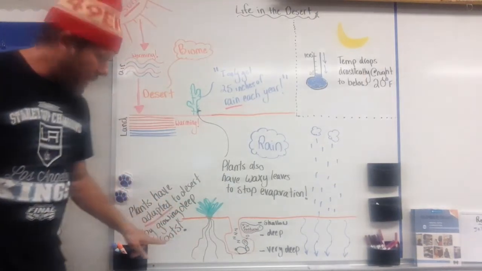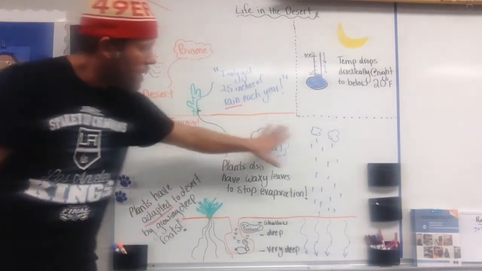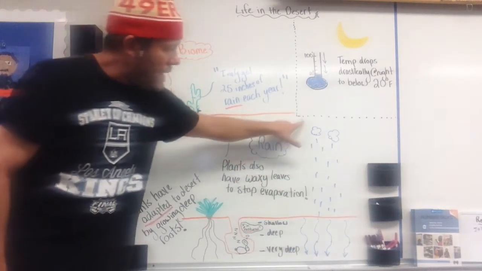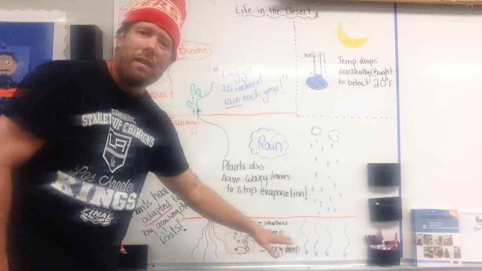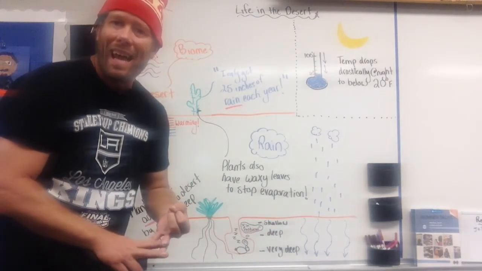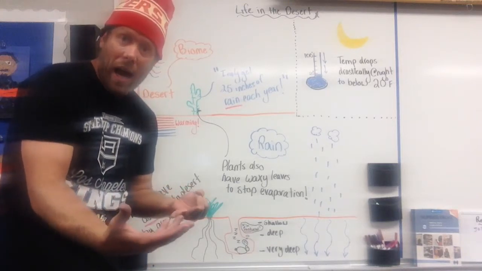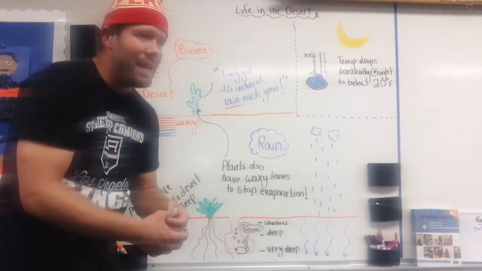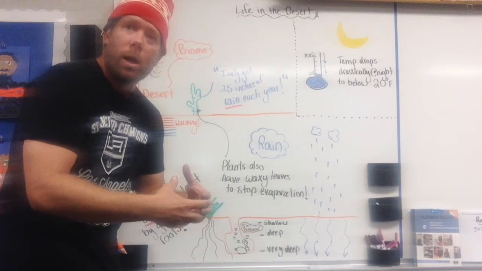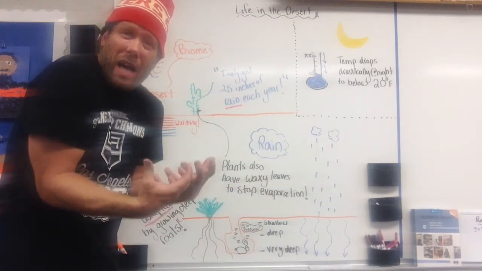Another adaptation that plants have is that their roots go really deep into the ground. And that kind of brings us over here a little bit. There isn't a lot of humus in a desert biome, meaning dead plants and dead animals. Yes, there are plants and animals that die, but the bones and the dead plant material decompose really fast because it's so hot and dry.